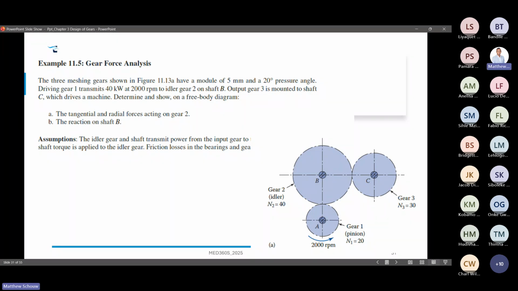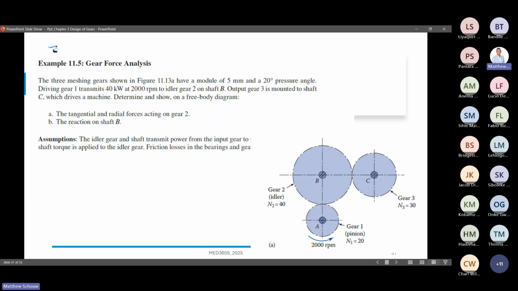Thanks. So over here, we have gear 1, which is driving gear B, and then gear C. It's 40 kilowatt at 2000 RPM, which goes to an idler gear on shaft B, and an output gear on shaft C, which drives whatever machine you're driving.